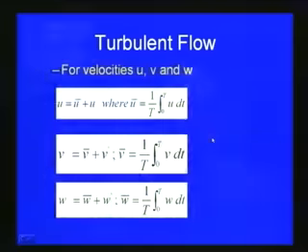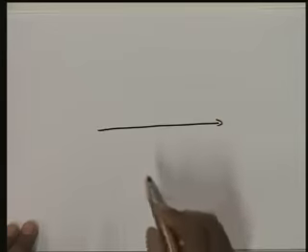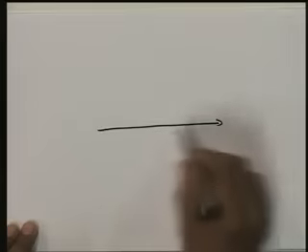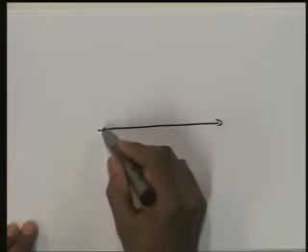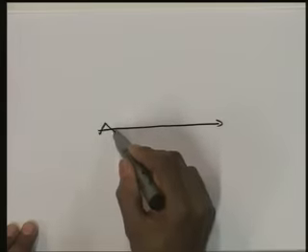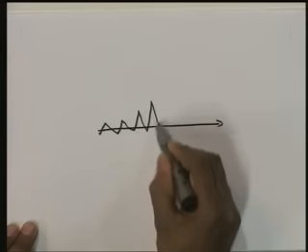Now our problem, as I mentioned, is that turbulent flow is very complex in nature. Laminar flow is much easier to analyze, while turbulent flow is very difficult to analyze. Then how to express the turbulent flow? Generally, let us consider the mean flow or the laminar flow, and then we can superimpose the variations like this.